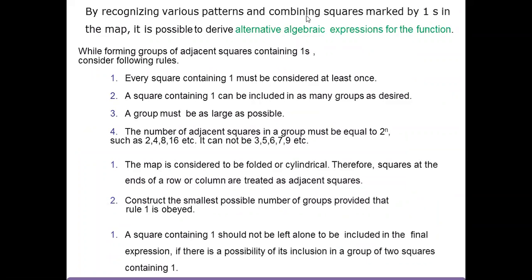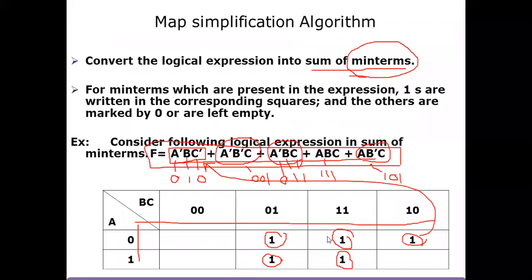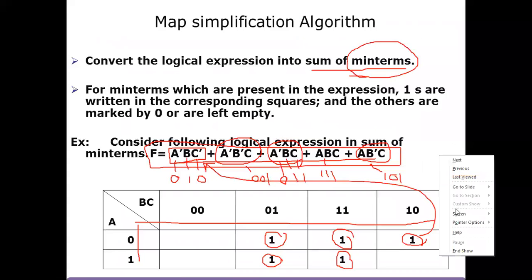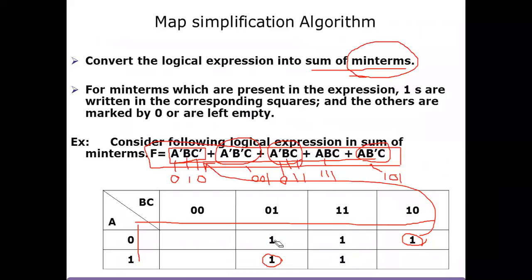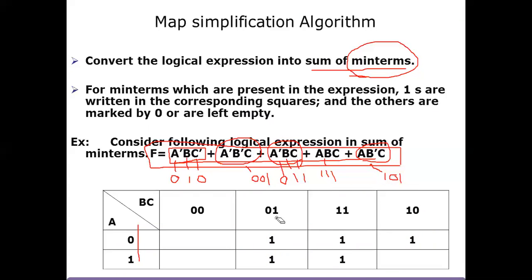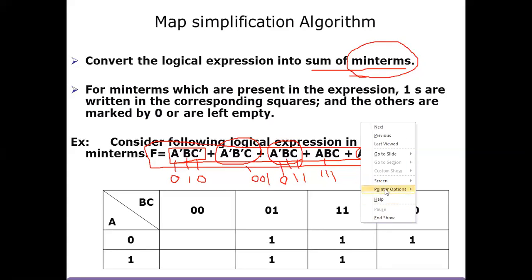Okay, so these are the rules. Every square containing one must be considered at least once. So that's the first rule.